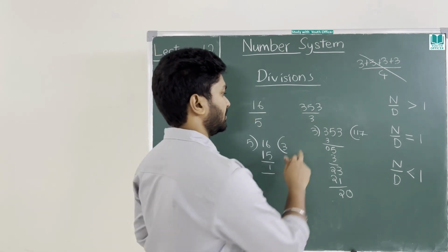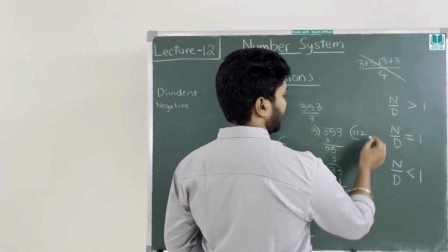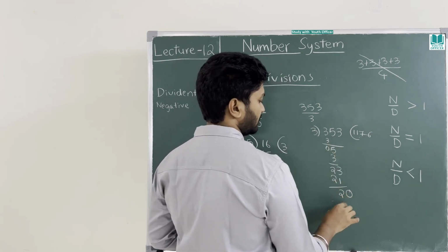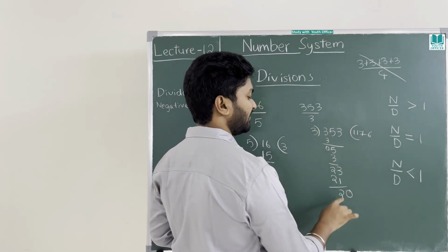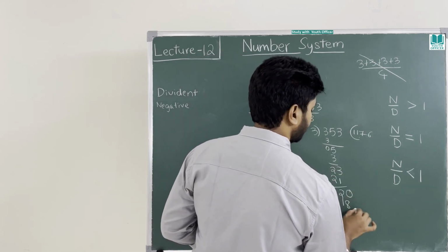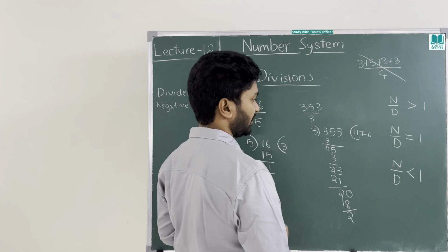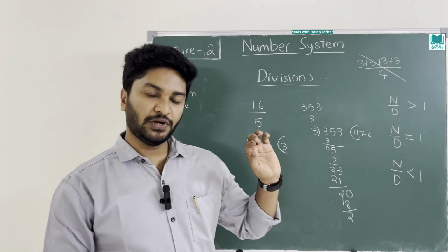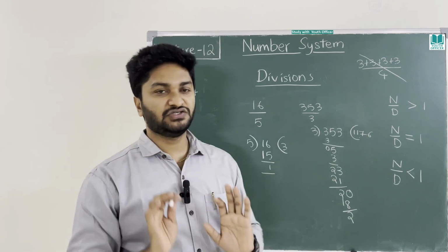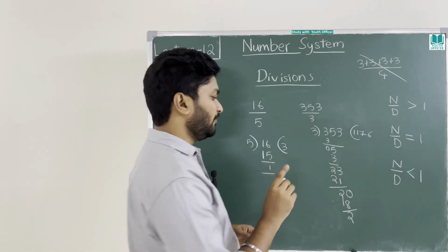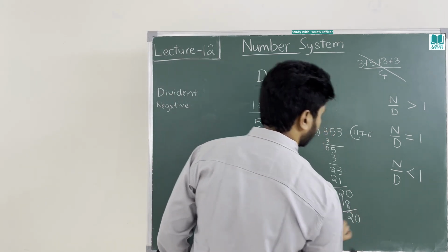Now what is the answer? 3 in 20, 6 times, it should not exceed this value. 7 threes are 21, it is exceeding 20, so we will take only 6 times. 18, 2. Once you put 0, it will give you access to keep on putting zeros, not more than 1 at a time.